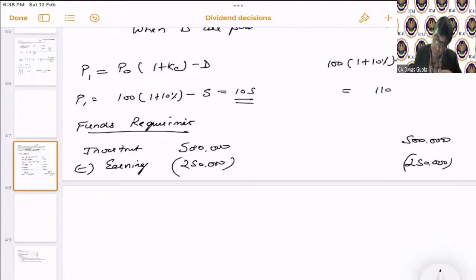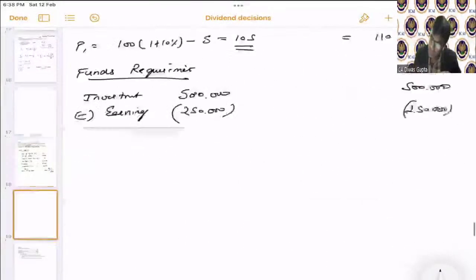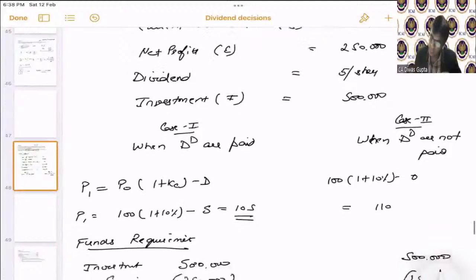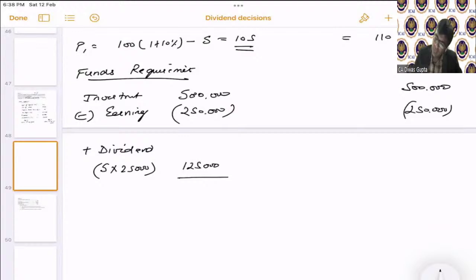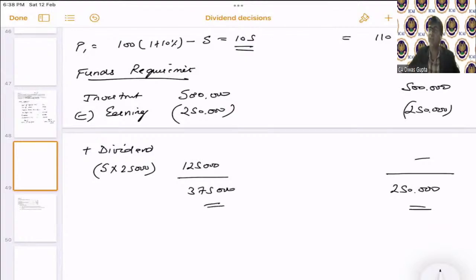Am I right? Plus the dividend, which we are going to pay, 5 on 25,000 shares. It becomes 1,25,000 rupees. Here it is nil. So here it is 2,50,000 and here it is 3,75,000.